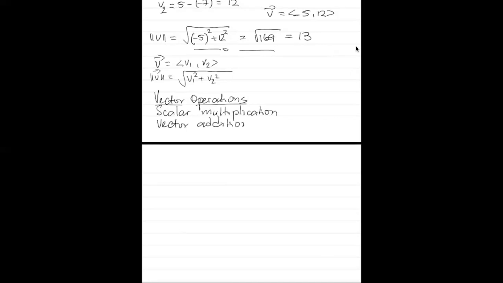Vector operations. We're going to talk about scalar multiplication, that is multiplication by a scalar or by a number, or multiplying a vector by a number, and also vector addition. A definition.